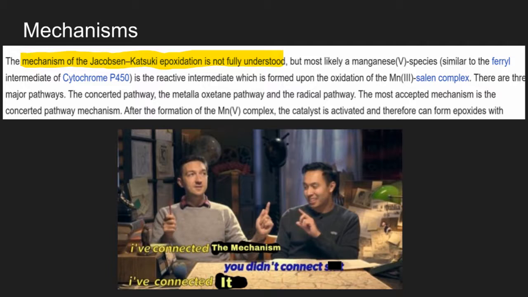The alkene approaches from above the plane of the catalyst, where the newly attached oxygen bonds to the 2 carbon atoms that previously comprised the double bond of the alkene. The bond between the manganese and oxygen then breaks and an epoxide is formed. The manganese-3 salen complex is regenerated in the process and can be oxidized again to reform the manganese-5 species, allowing for further reactions.